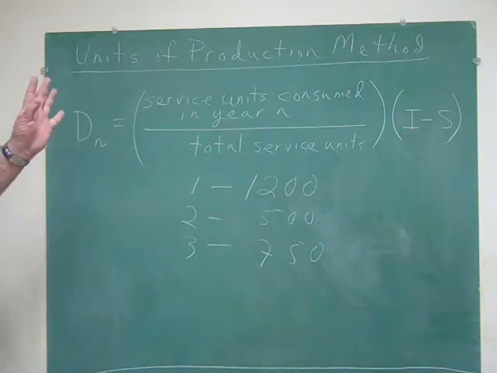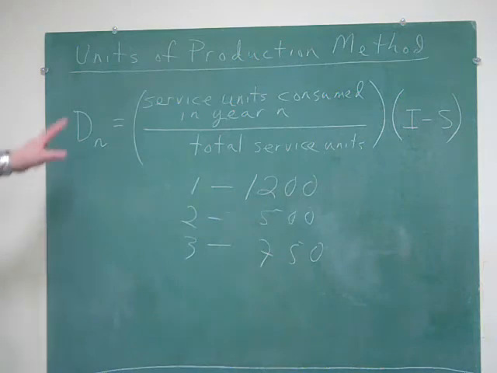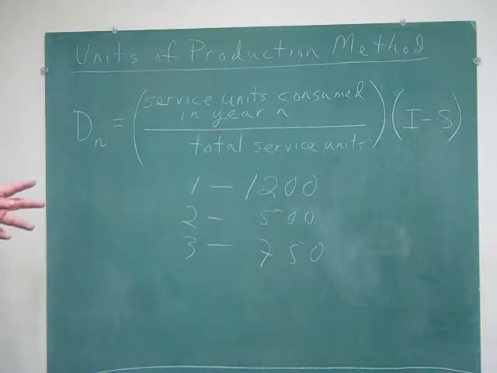The people who do the actual bookkeeping, the actuarial, bean counting, they hate this method because this is not something that is easily done ahead of time. When we look at straight line and declining balance, those are things that once we put the parameters down, we can put everything out.